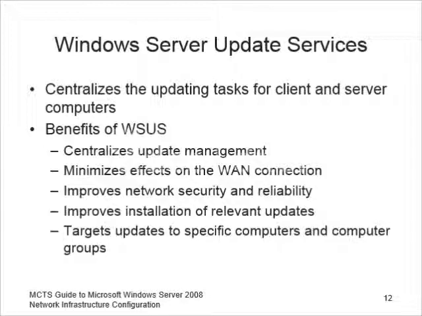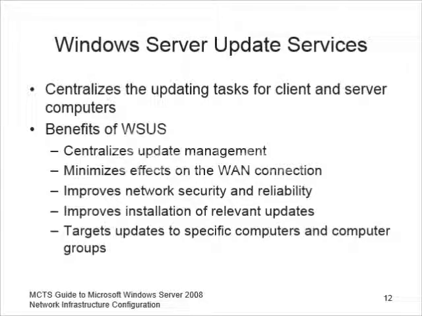In a less favorable scenario, users on a corporate network were left to select, download, and install their own updates. These kinds of scenarios resulted in a difficult process for the system administrator and a potentially unreliable, insecure system for the users.